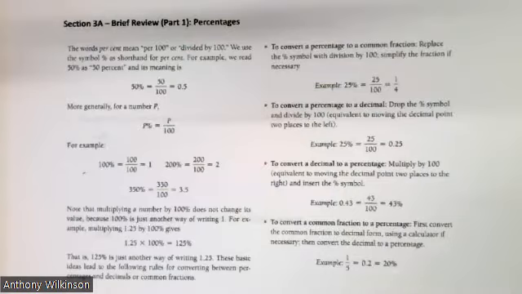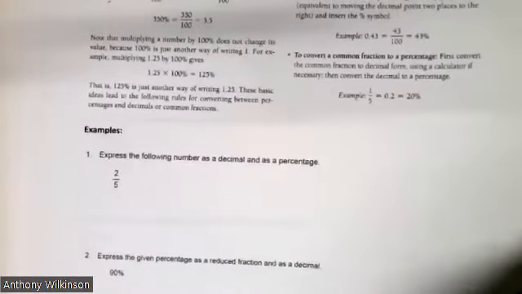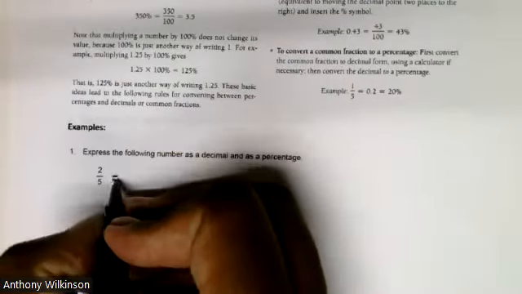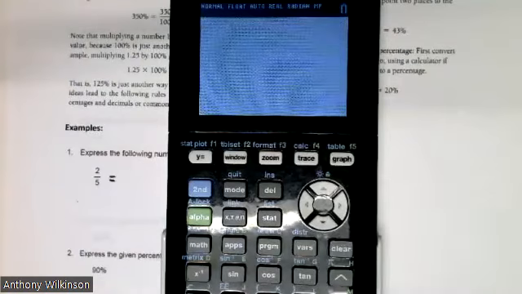Now let's look at some examples of this. Here we're going to express the following number as a decimal and as a percentage, like 2/5. All right, let's convert 2/5 to a decimal. That's going to be the numerator divided by the denominator.